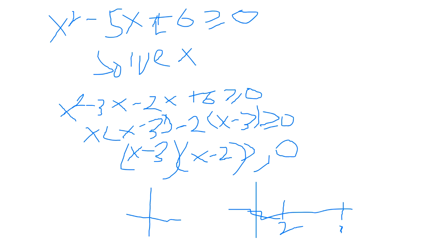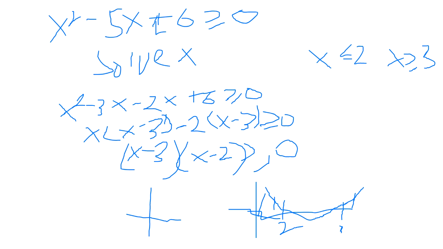Where will this function be greater than 0? It will be greater than 0 here, and here. So x less than or equal to 2 and x greater than or equal to 3. I hope you remember this one from high school. Yes, sir. Remember.